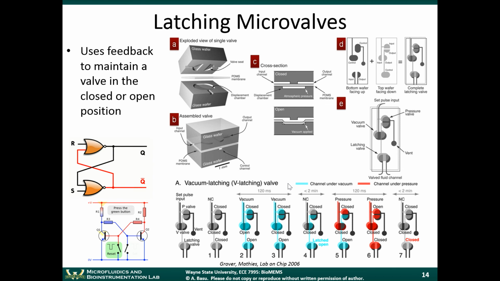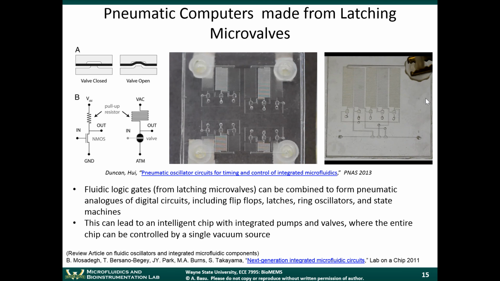And that's what the work that I recently saw that was published in PNAS in 2013 is about, and there's some earlier work in that area too. Shu Takayama's group, who's at Michigan, he developed fluidic oscillators.